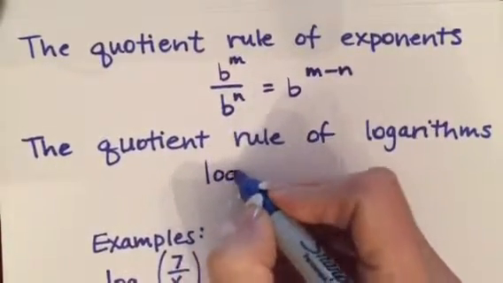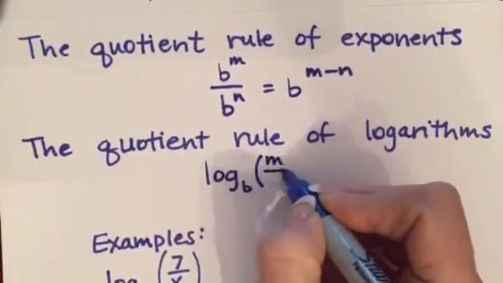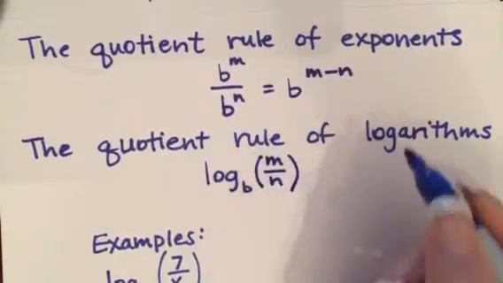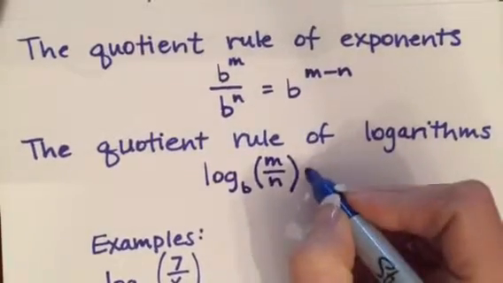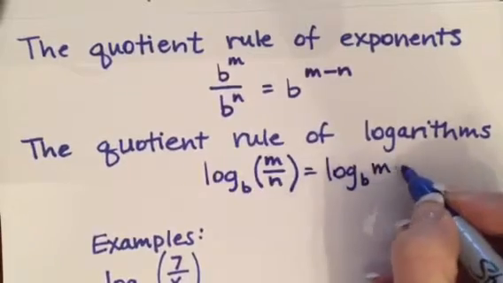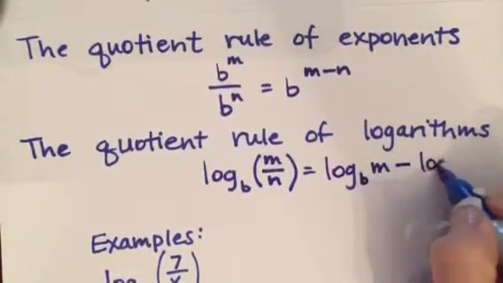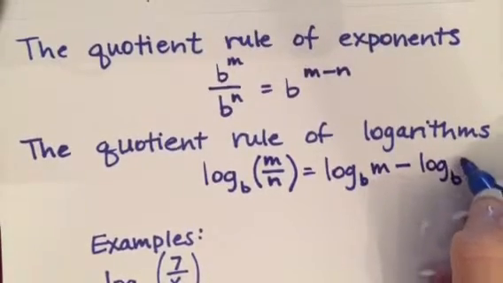Log base b of m divided by n is equal to log base b of m minus log base b of n.